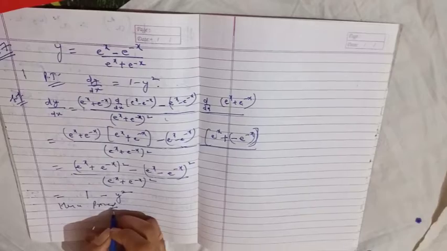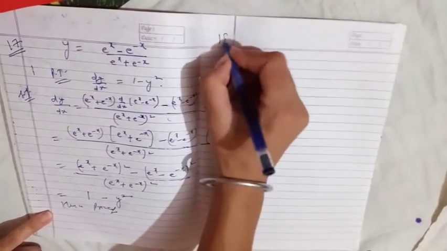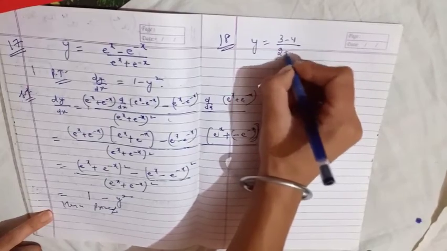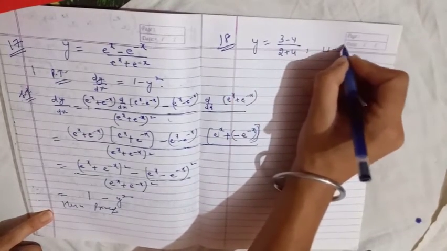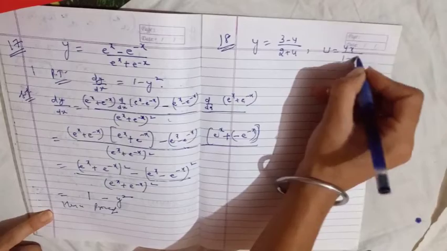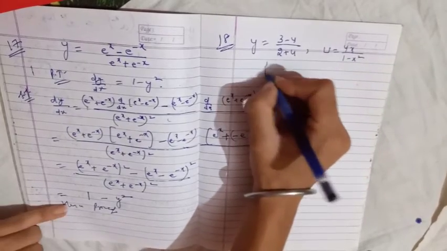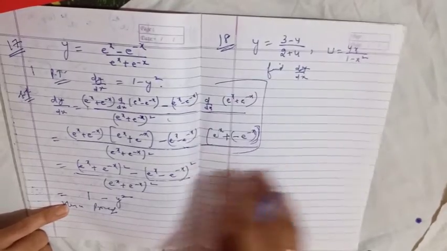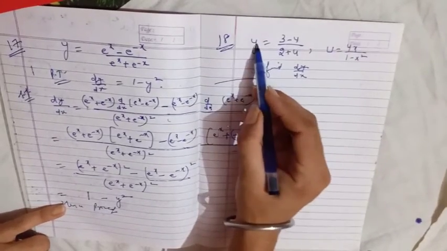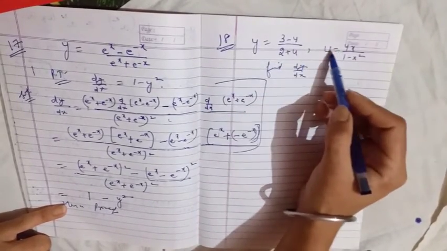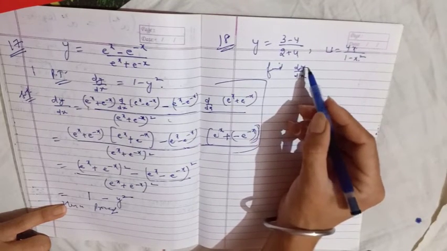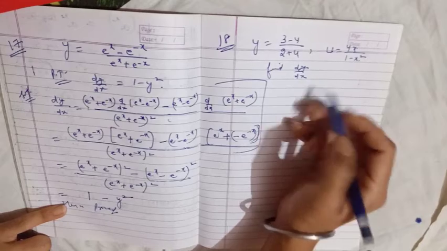In question number 18, y equals 3 minus u over 2 plus u, and u equals 4x over 1 minus x square. Find dy by dx, right? Now you can easily see that y is a function of u and u is a function of x, and we need to find the derivative of y with respect to x.